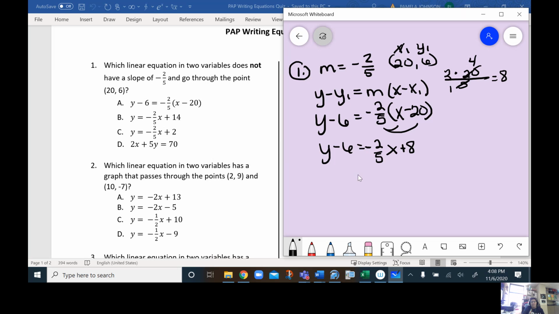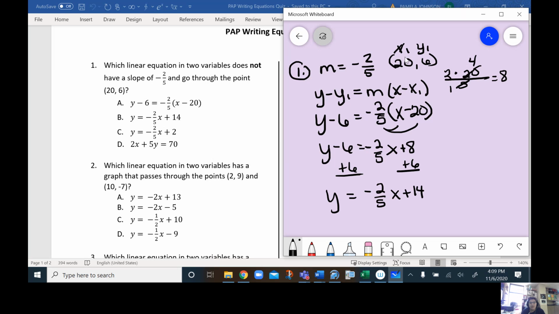Okay, so plus 8. Then I need to move my 6 across. Okay, so y equals -2/5 x plus 14.